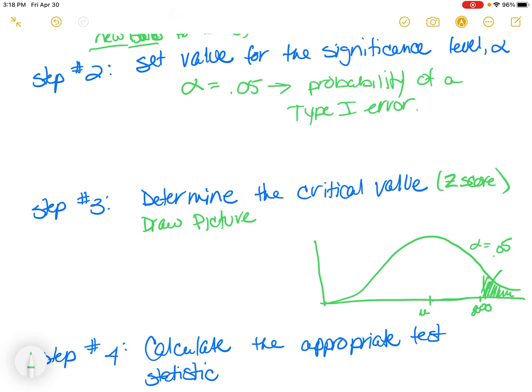And then there's a 0.95 chance that it's less than the 8,000. From looking up the z-score associated with 0.05, which we know from doing this so many times, the score is 1.645. So the critical z-score for 0.05 is 1.645.